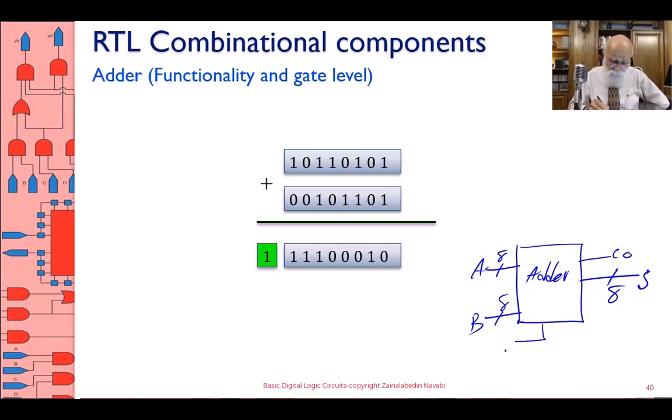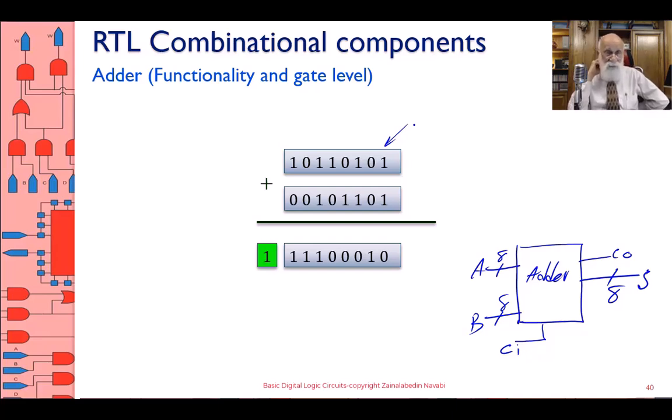Meaning that when you are adding, you start with a 0 or 1 carry in. If I go about it this way, then I have 9 plus 8, 17 inputs altogether, and then I have 9 outputs altogether.